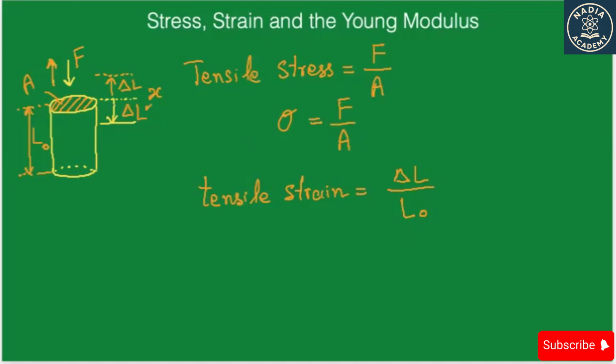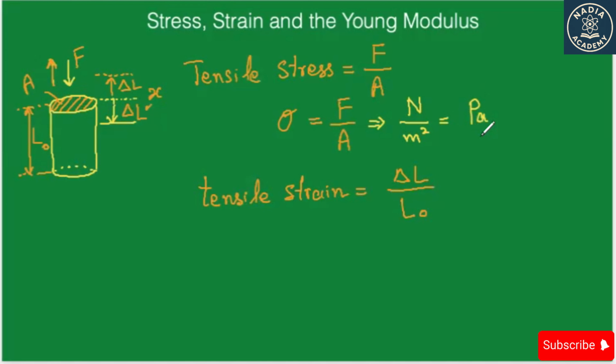Now, let's have a look at the units of these two formulas, the tensile stress and tensile strain. In case of tensile stress, it is force over cross-sectional area, so this is actually the pressure. We know that the unit of force is newton and the unit of area is meter squared. So newtons per meter squared are the units of tensile stress, and that is equal to the pascal, Pa.